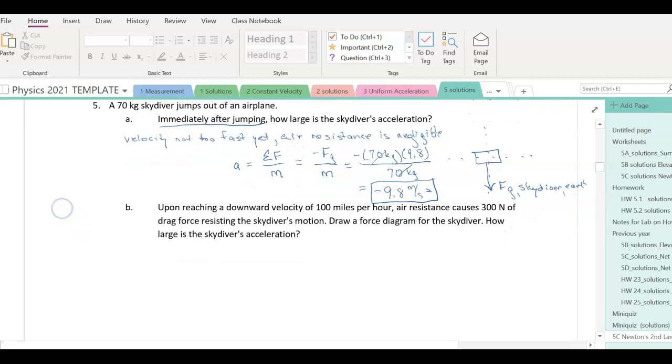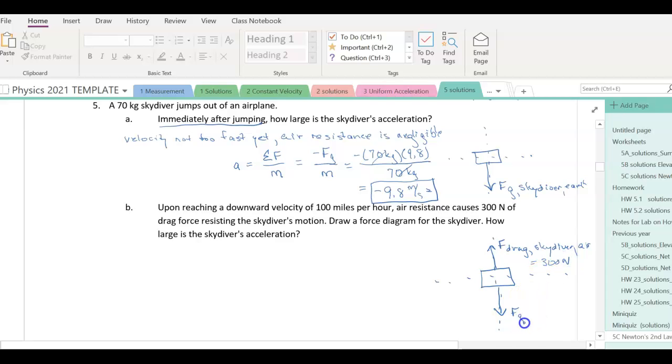But after the skydiver has been falling for a while, he gets to be going very fast. As his speed increases, the drag force due to air resistance also increases. So at some point, he's reached a speed of 100 miles per hour. Now drag due to air resistance has become significant enough that we need to take it into account, and they're telling us that it is 300 newtons.